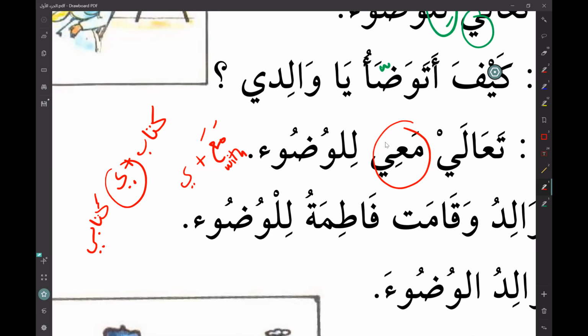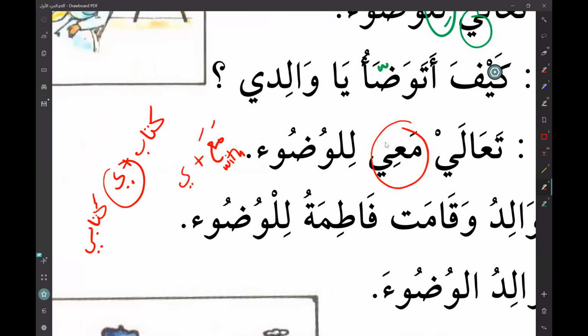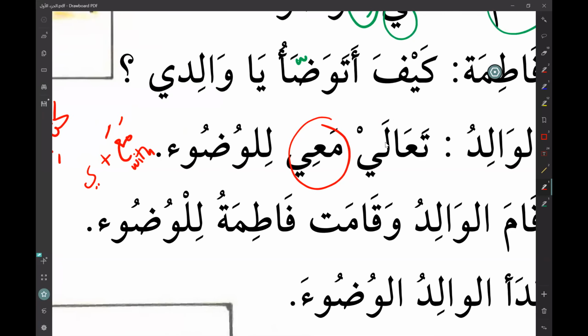So here, when you add it with ma'a, then it means come with me. Ma'i means with me. And remember this rule. This ya is very strong. When you add ya, doesn't matter what you have here, you have to put a kasra. We had a tanwin of dhamma, we have to put kasra. Kitabi. We have fatha here, we have to say ma'i. So we have ma'i, with me. Li is for lil wudu. So the father is calling her ta'alai ma'i lil wudu.